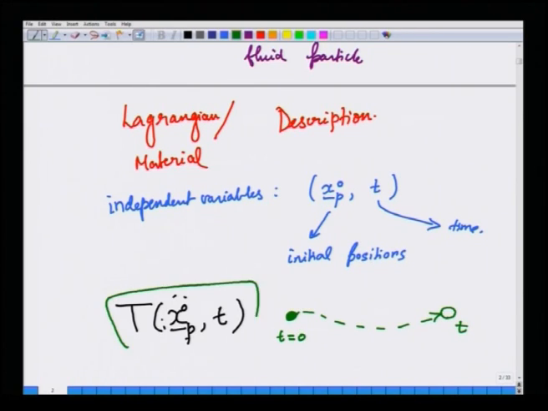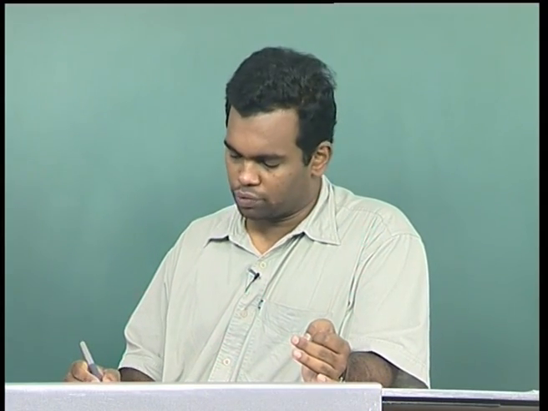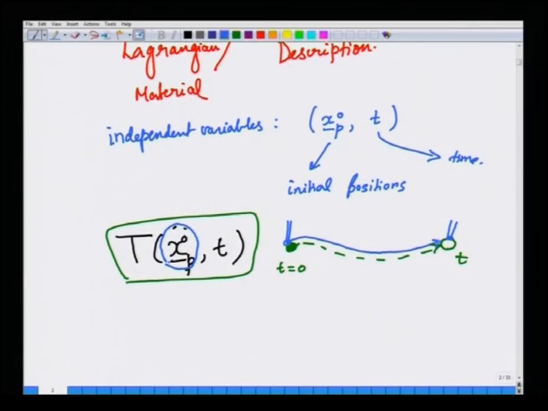What this Lagrangian description of temperature means is that you are attaching a thermometer to the particle and moving along with the particle, recording the temperature in the thermometer as you follow the particle. That is the meaning of keeping x p naught constant. You are tagging yourself along with a fluid particle. Here we are interested in measuring temperature, so we put a thermometer in our minds along with the fluid particle and measure its temperature as we go along. So, this is the Lagrangian description, the Lagrangian temperature field.